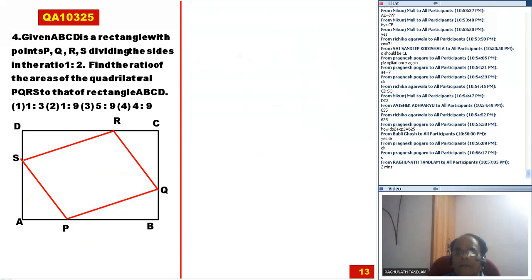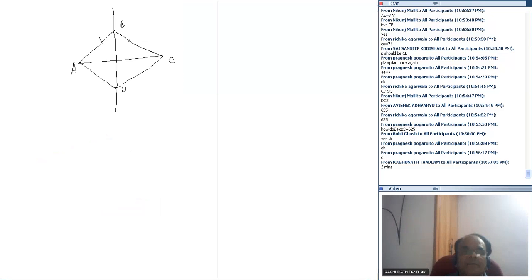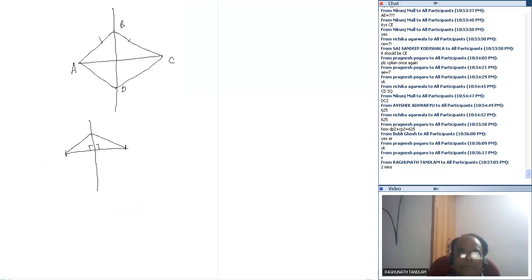Oh, Nikunj, sorry, what's your doubt? See, the property of perpendicular bisectors is, Nikunj, I'll take this down. If you have a line segment like this, and I draw a perpendicular bisector, and I take any point on this line and join it, and any point here, this will be equal to this, these two will be equal.